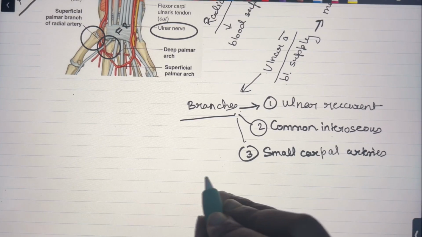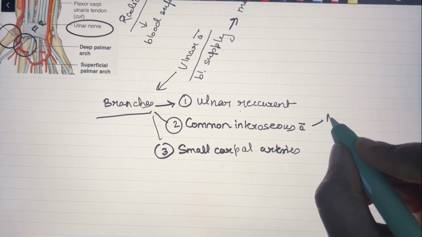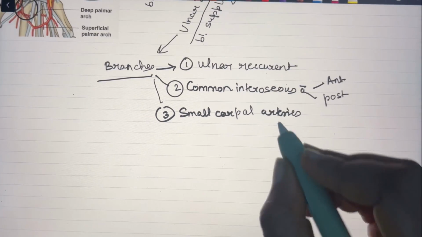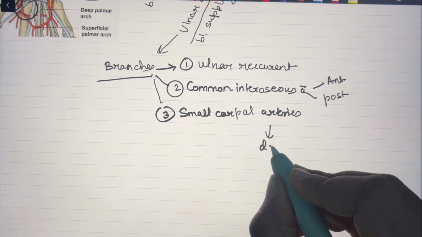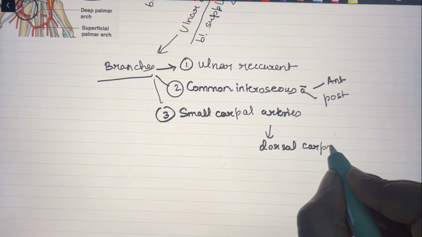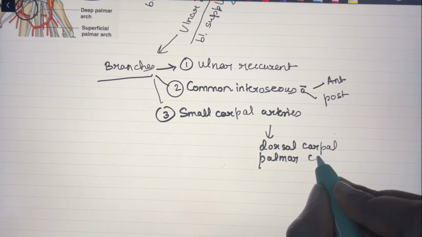The common interosseous artery further divides into anterior and posterior, and the small carpal artery has the dorsal carpal artery and the palmar carpal artery.